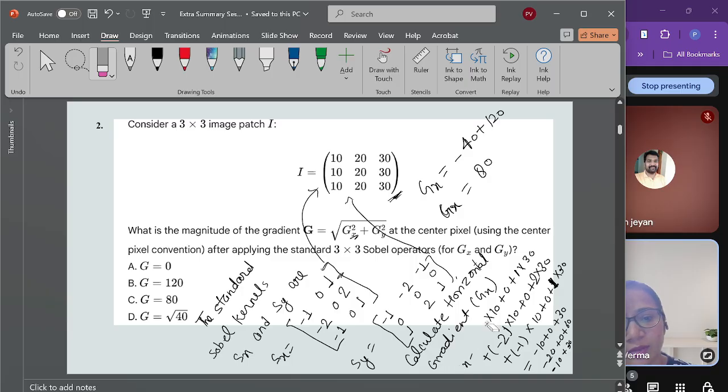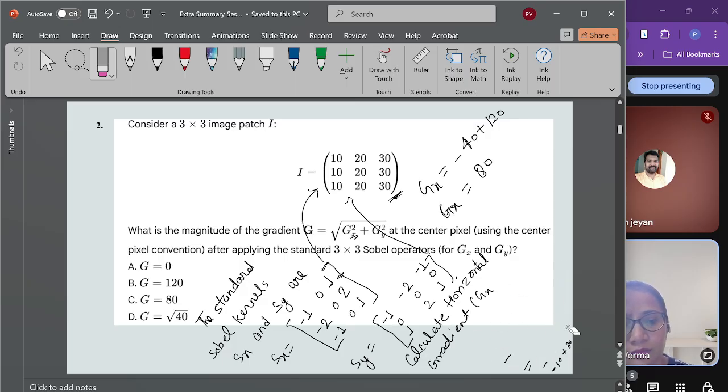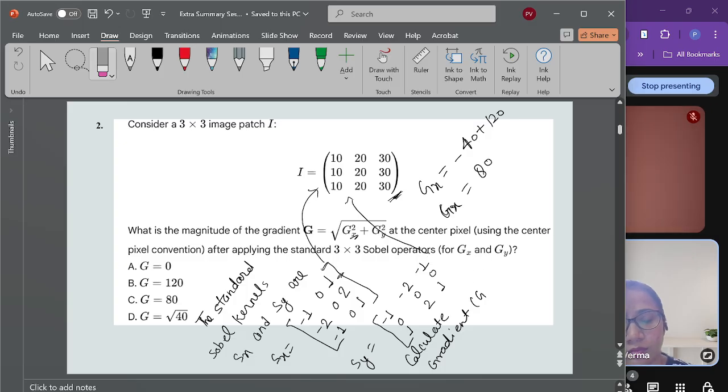Okay, so I'm just removing it from here to calculate this value, the vertical gradient gy. Similarly, again we have to multiply this to this one.